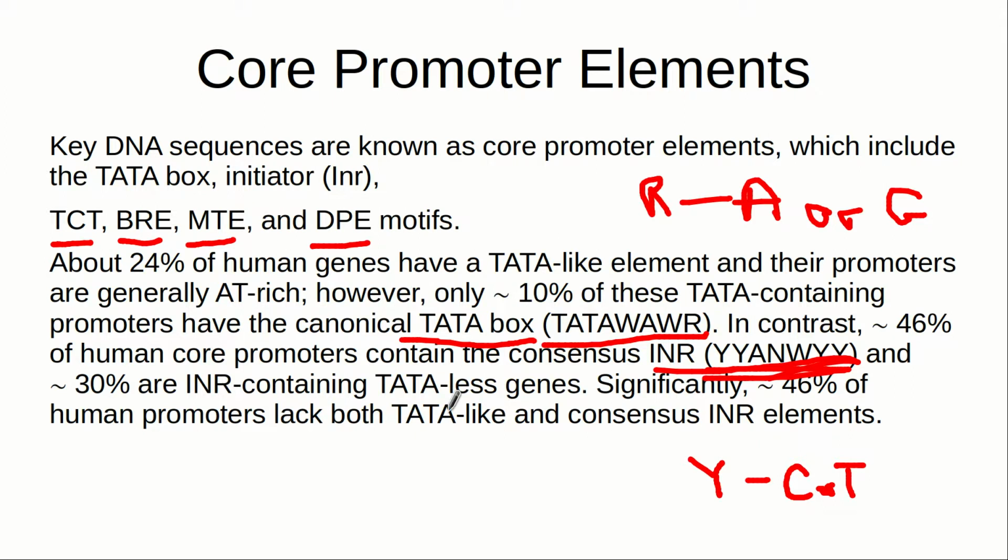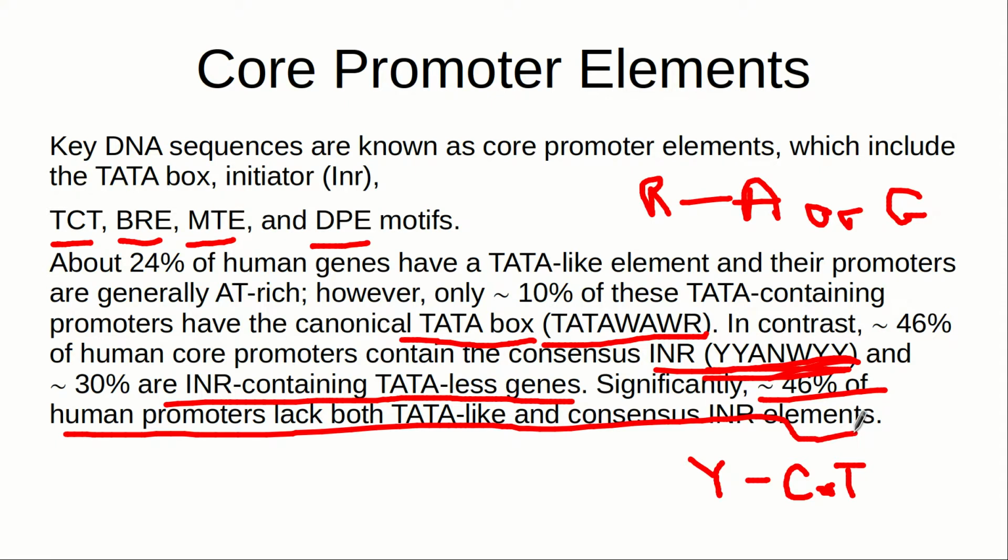INR containing, here it goes, TATA-less genes. So genes that don't have a TATA, all right, realize 46% of human genes lack a TATA and an INR. Actually, it's more than that now. They know more genes, and there are quite a few.